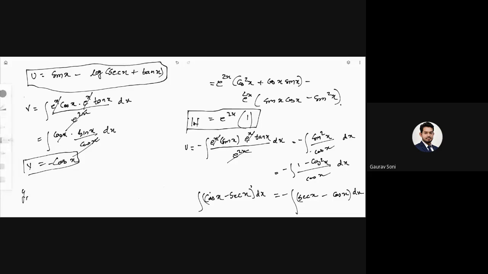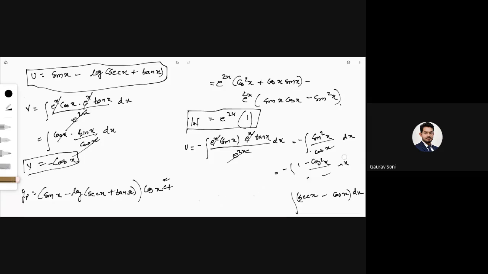So yp is equal to sin x minus log of sec x plus tan x, bracket complete, cos x e to the power x, and the other one will be v into y2.